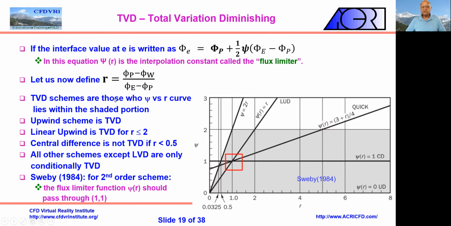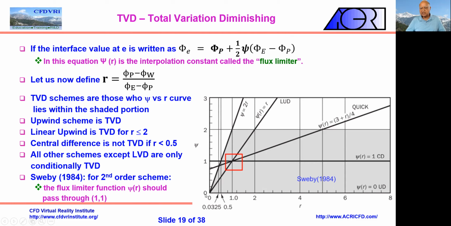So TVD schemes are those where the psi versus R curve lies within the shaded region. Psi is how the schemes differ in computing. Various TVD schemes have different psis, and they differ in how they define it. So the upwind scheme is TVD. It stays somewhere down here, I believe. This is the upwind scheme.